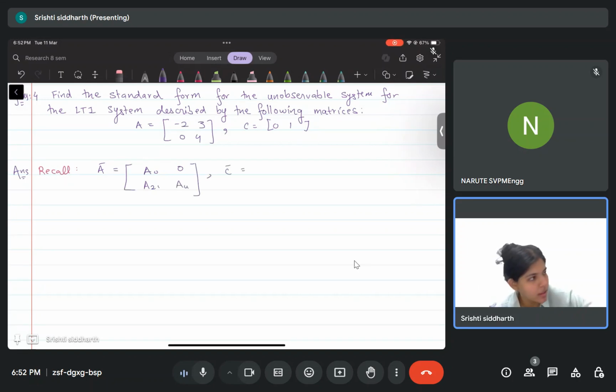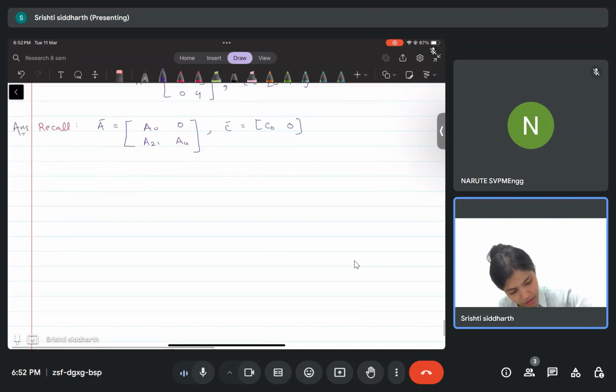C can also be written as C0, 0. This is decomposed into the observable part and the zero vector in general. And the pair A0, C0 is observable.